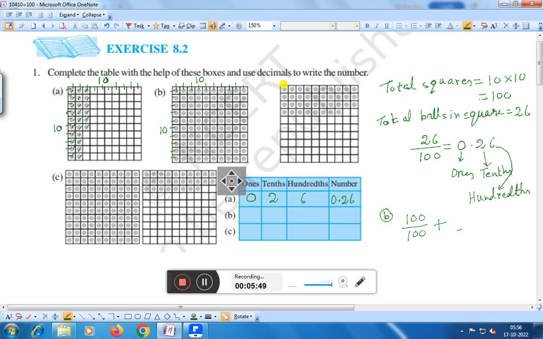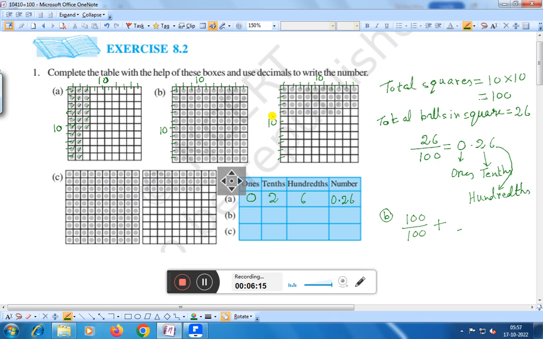You see, in the same way, 1, 2, 3, 4, 5, 6, 7, 8, 9, 10 boxes, and in the vertical direction, 1, 2, 3, 4, 5, 6, 7, 8, 9, 10.